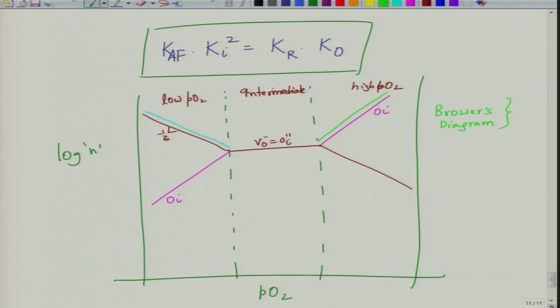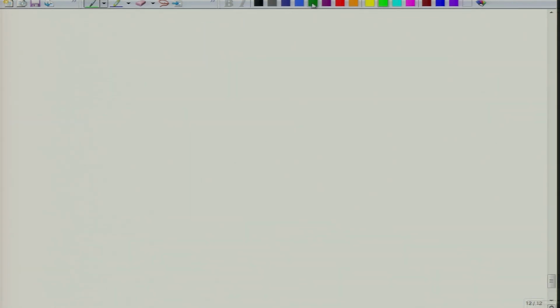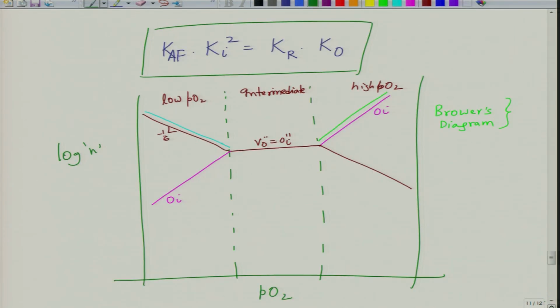Okay. So, limiting conditions first. So, we need to determine what are the limiting conditions. So, basically how will these transitions occur, where will you put the boundaries, and how will the electron and hole concentration take place, let us say if the anti-Frenkel defects dominate.